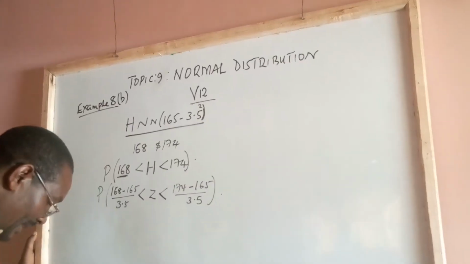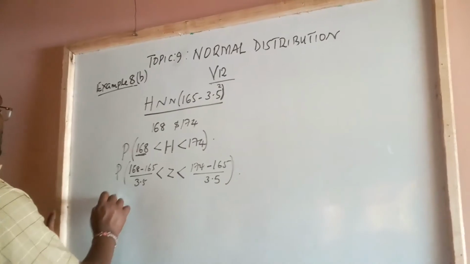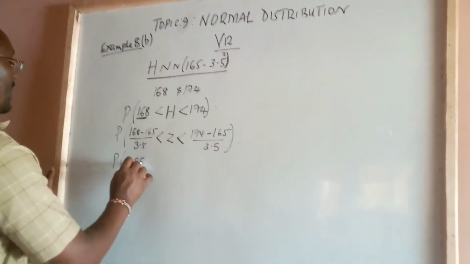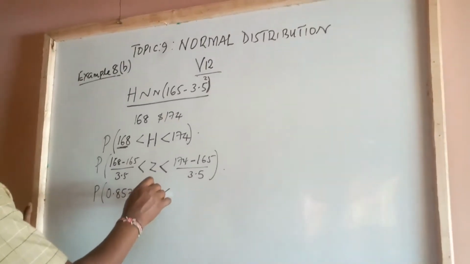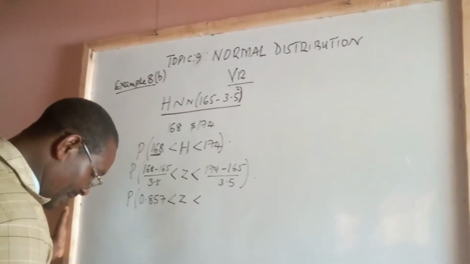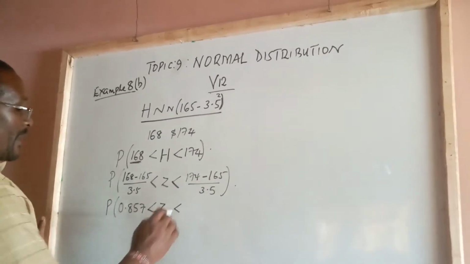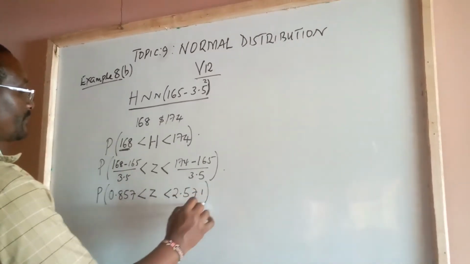If you work that out, you'll find 0.857. So we're looking for the probability of 0.857 less than Z, which is less than the upper boundary, which in terms of Z becomes 2.571.